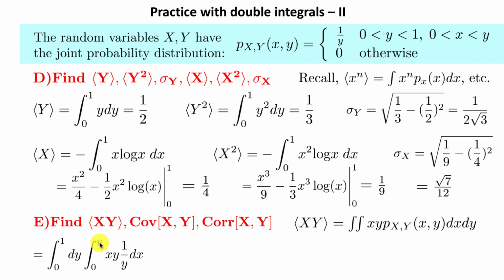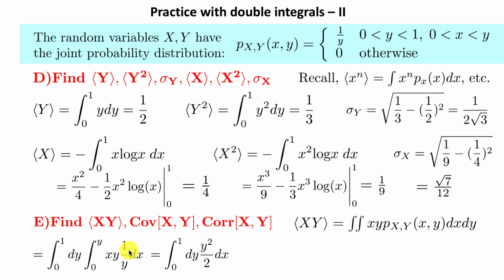X goes from 0 to y, and y goes from 0 to 1. Again and again, I remind you that the outside integral sets how far x can go. So x will go from 0 to y as y itself goes from 0 to 1. Work out the inner integral.